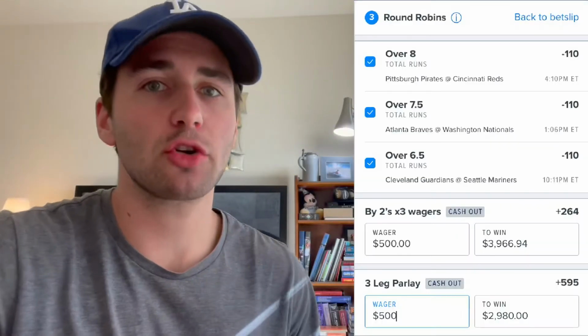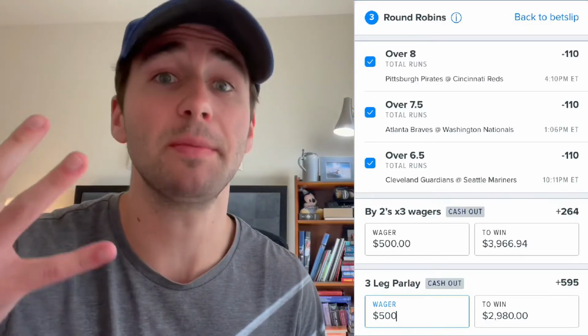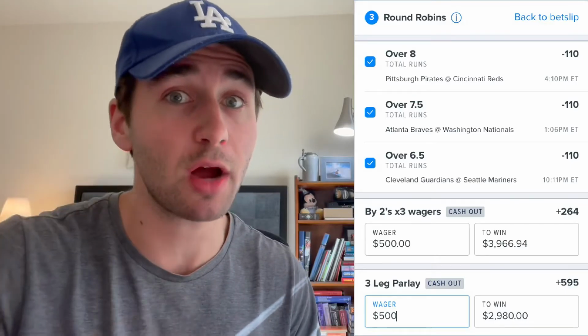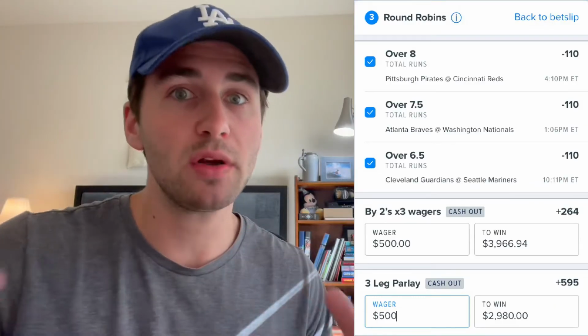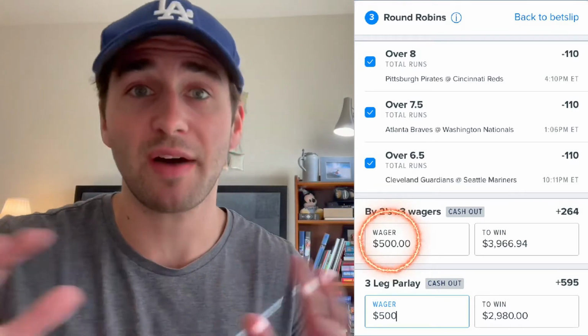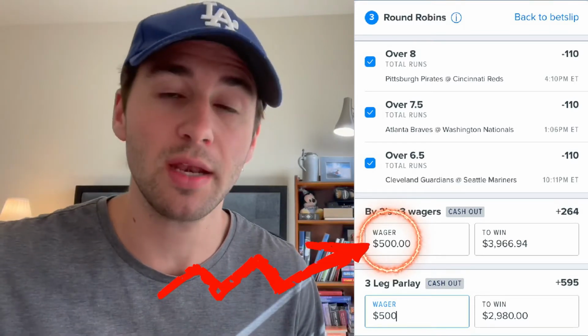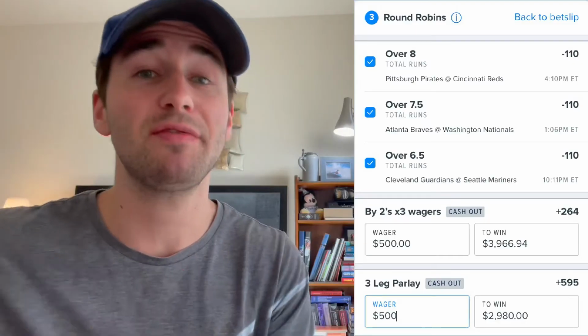If you look at my screen, you can see a 3-pick round robin. I have 3 overs for 3 different MLB games. Again, a 3-pick round robin is just a series of 3 2-leg parlays. But I will say, just to clarify, it's a little misleading because if you put $500 into your round robin, you're not actually betting $500, right? You're actually betting $1,500.